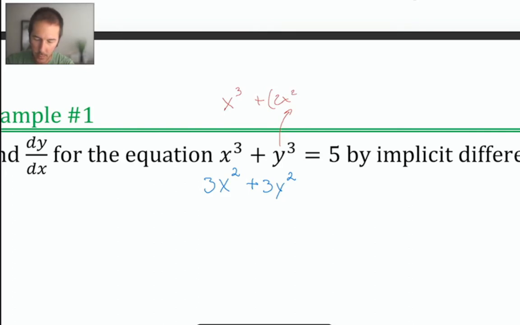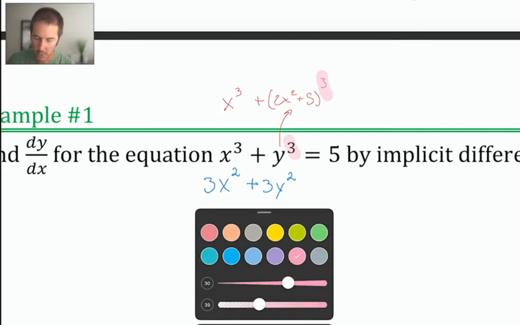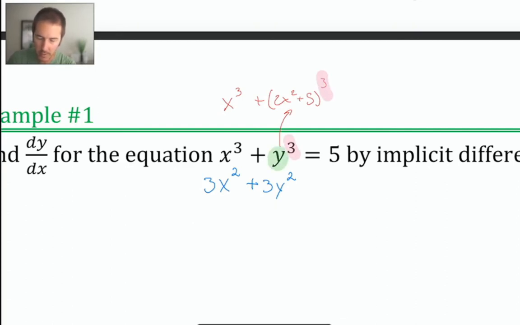2x squared plus 5 to the third. So you're seeing these exponents of 3 are the same, but I'm changing my y variable. Instead of having a y here, I'm putting an expression in its place. If I were taking the derivative of this term, what would be the derivative of that term?